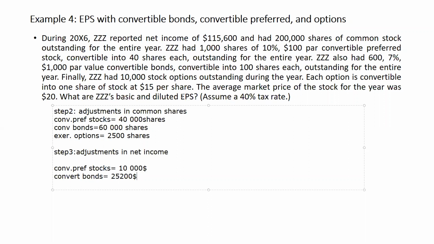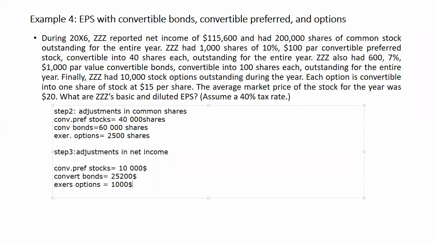Do you all remember how we got it? This is just 7% of 600,000. How did we get 600,000? It's $1,000 of par value of the bond times 600 bonds, and 7% of it minus the 40% tax we paid. This is how we get it. And from exercising options, we get $1,000. Adjustment in net income.